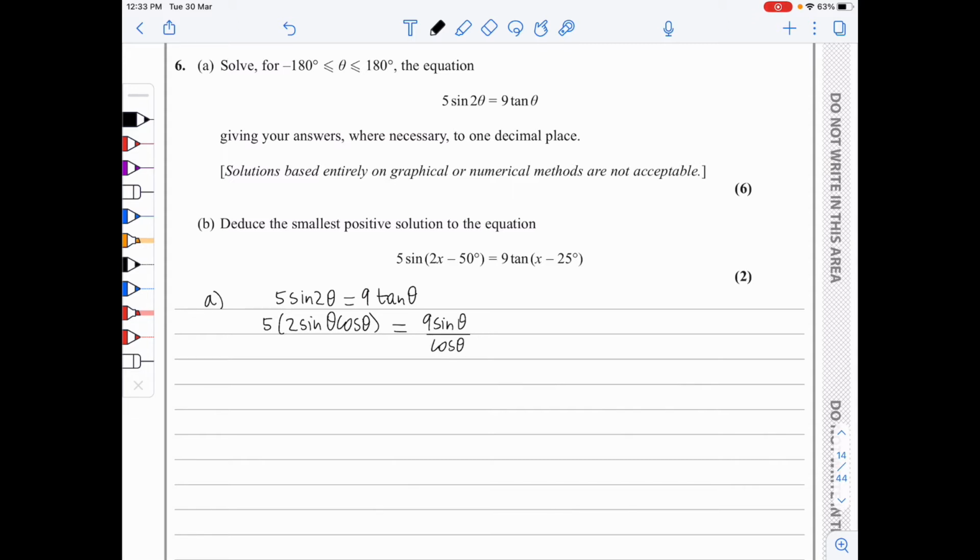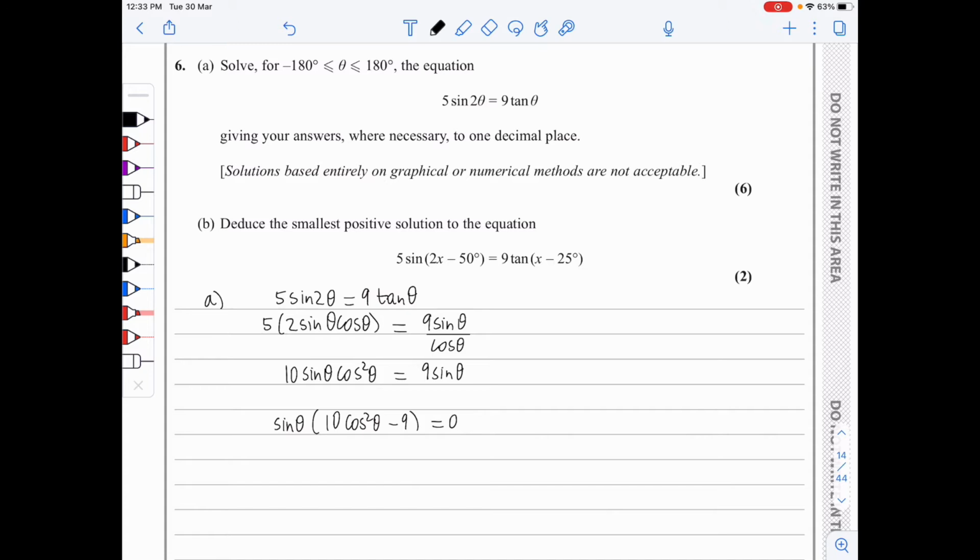We can then actually cross multiply to get 10 sine theta cos squared theta being equal to 9 sine theta. Do not divide by sine theta at this moment, but just collect everything on one side and factor out the sine theta to give you 10 cos squared theta minus 9.